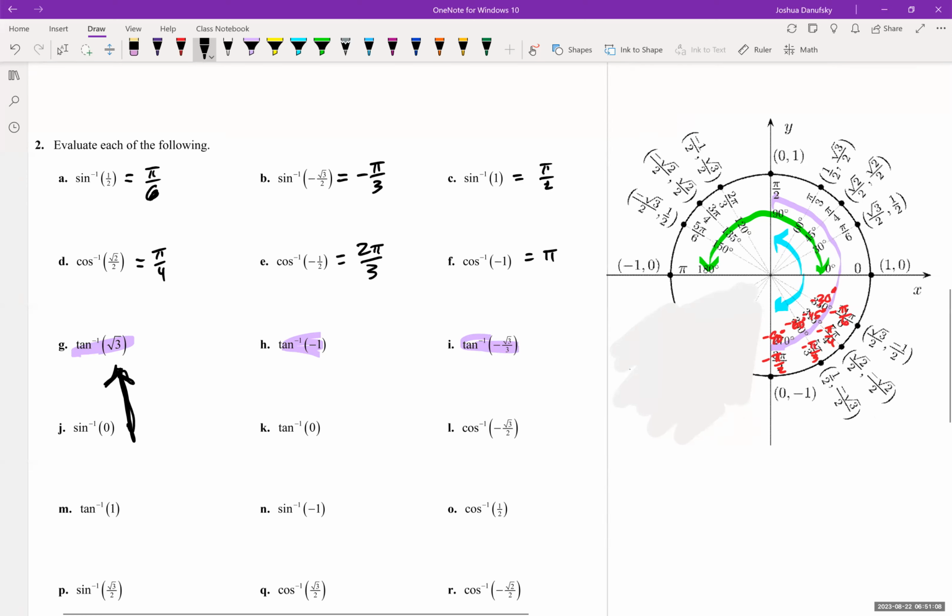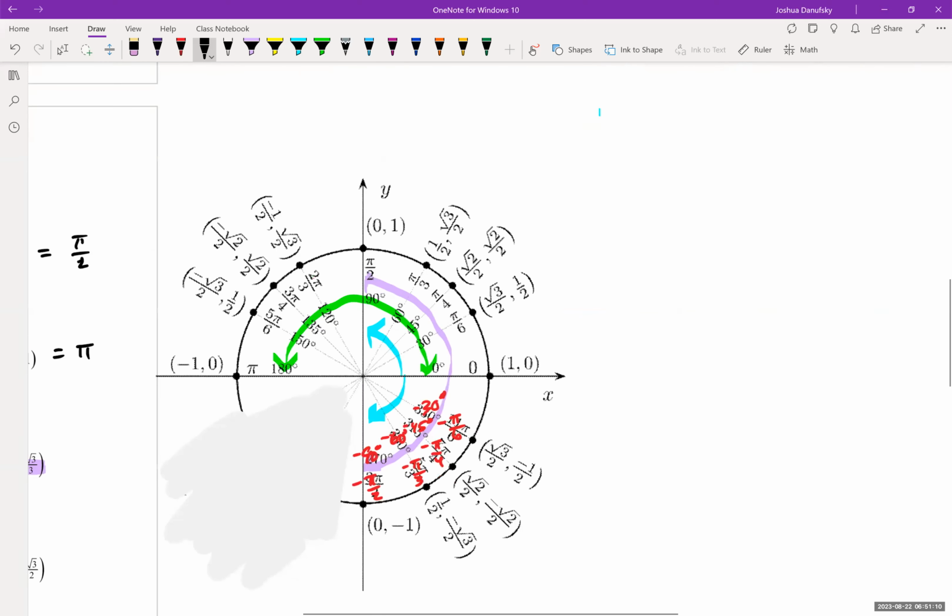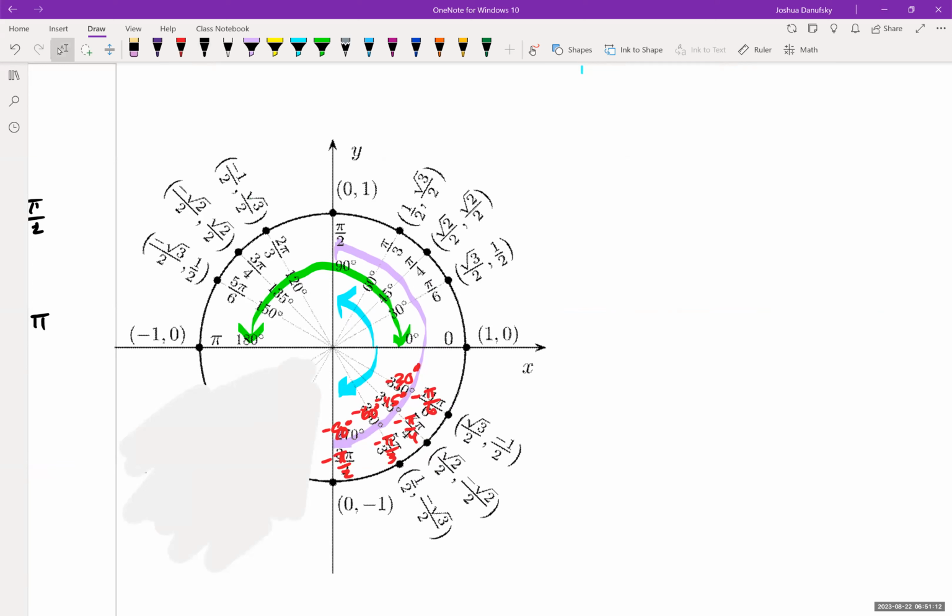And if you wanted to, I do this with my trig students, I have them write the tan values beside each point. So for example, at 0, well, real quick, tan of an angle is defined as the y value of the point on the unit circle over the x value.